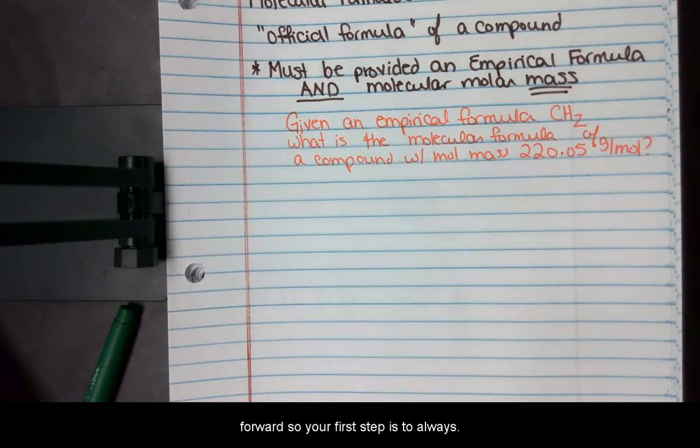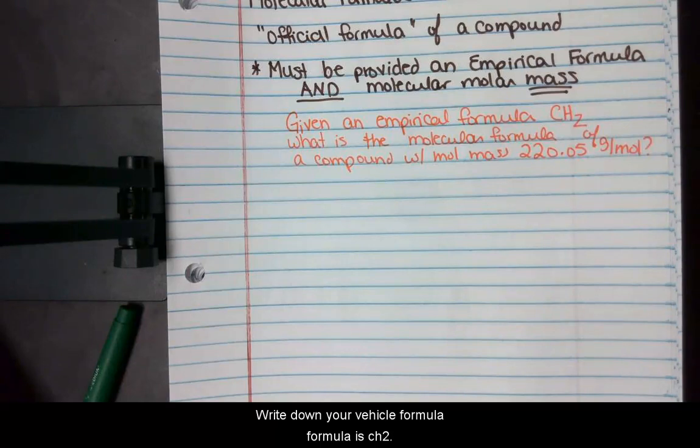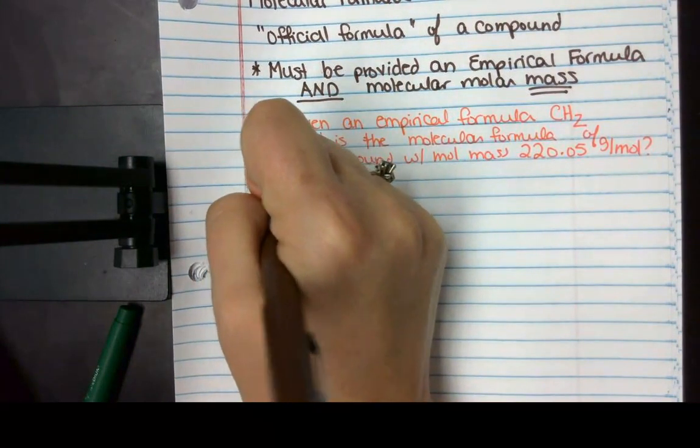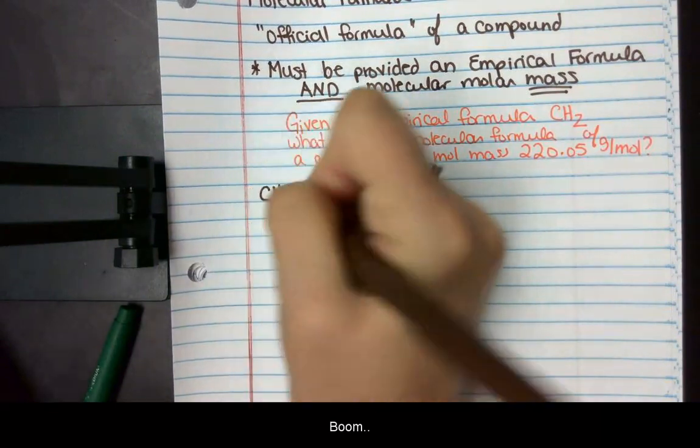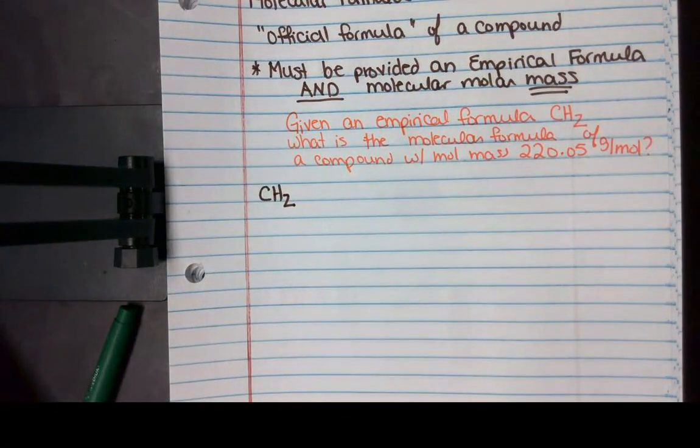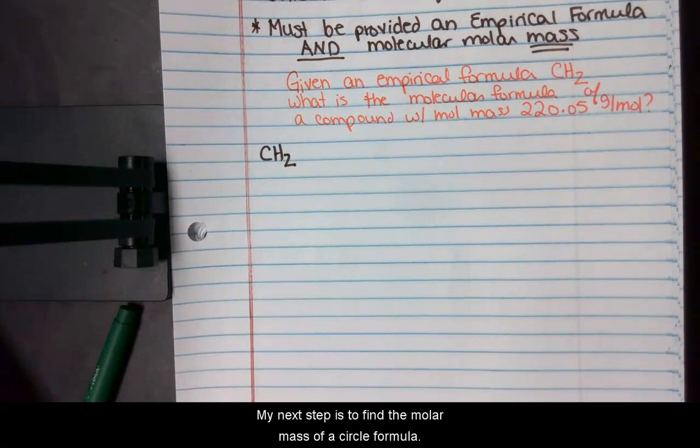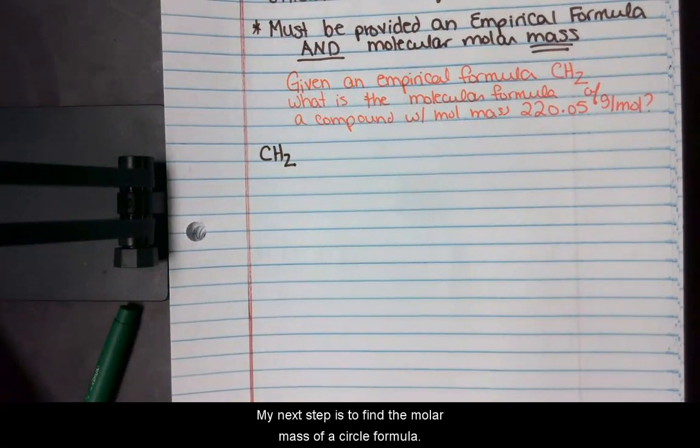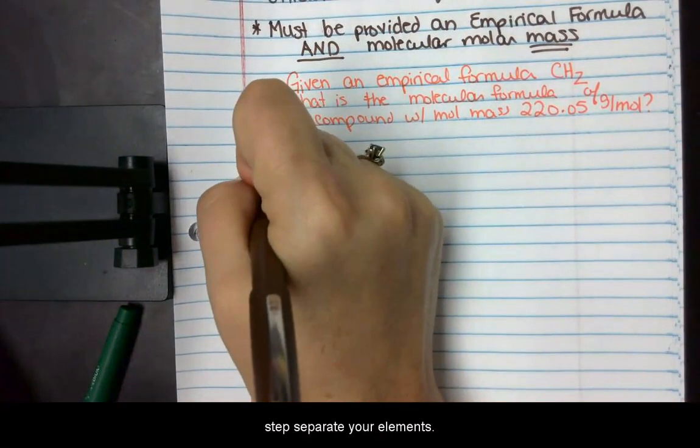So your first step is to always write down your empirical formula. So my empirical formula is CH2. Boom, done. My next step is to find the molar mass of my empirical formula. So I go back to those 5 steps of the molar mass. First step, separate your elements.